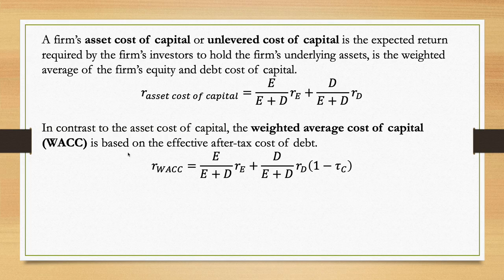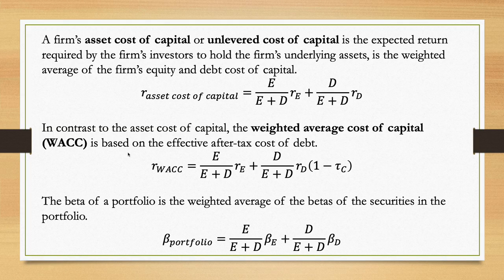In contrast to the asset cost of capital, the weighted average cost of capital is based on the effective after-tax cost of debt. Similar to a firm's asset cost of capital, the beta of a portfolio can be calculated as the weighted average of the betas of the securities in the portfolio.